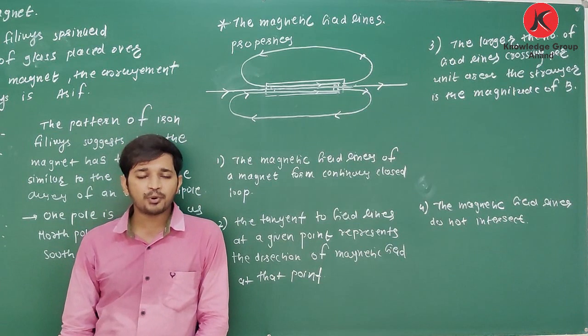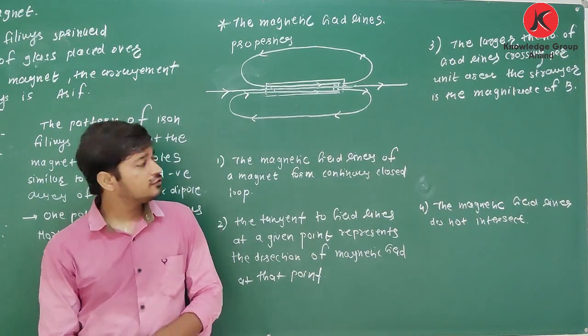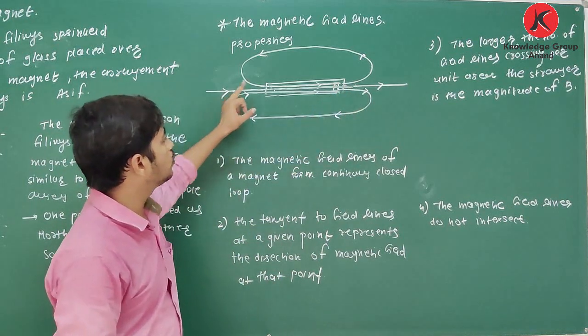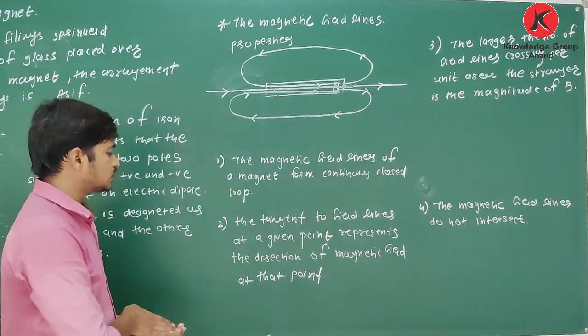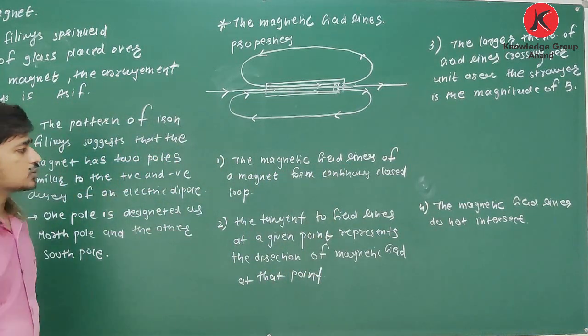In this case, they form a closed loop. So the first point: the magnetic field lines of a bar magnet form closed loops.